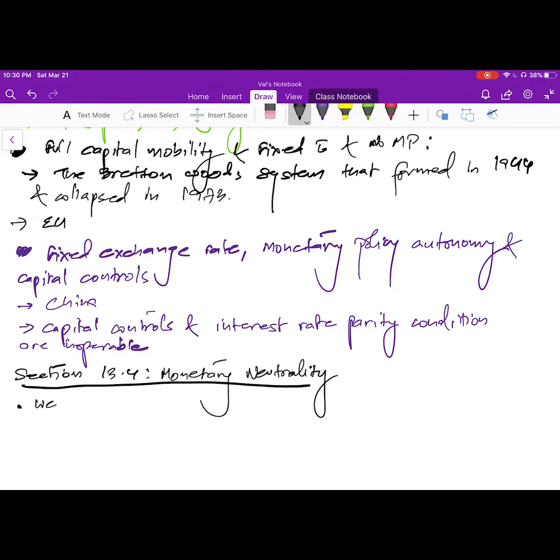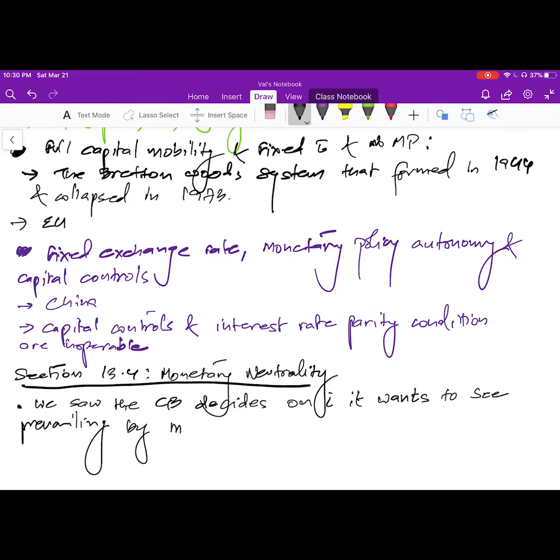We saw that central banks decide on the desired interest rate it wants to see prevailing in the market or in the country that it regulates. How does it do that? By making money, which is the same as cash, more or less abundant.